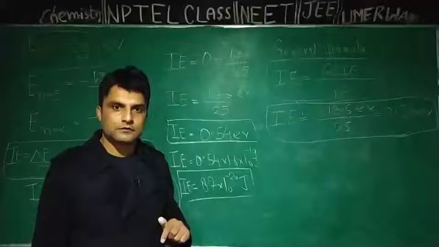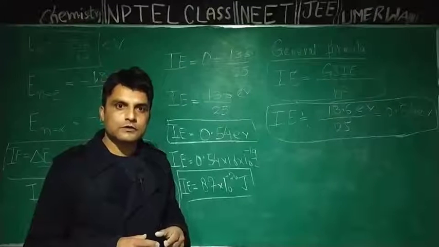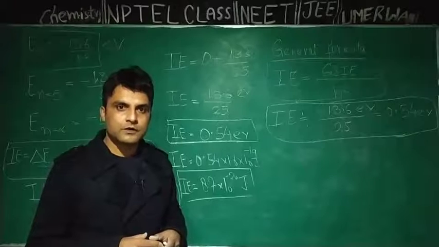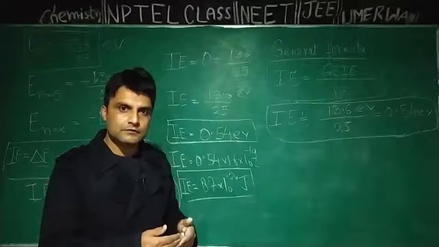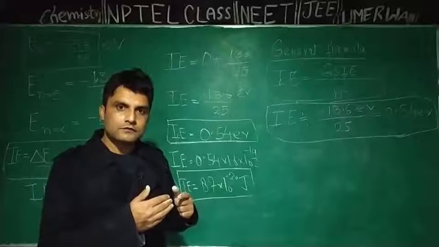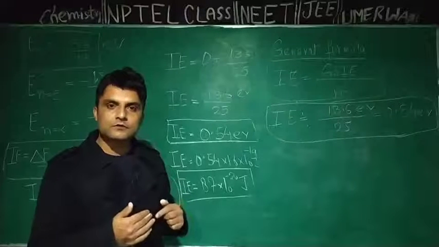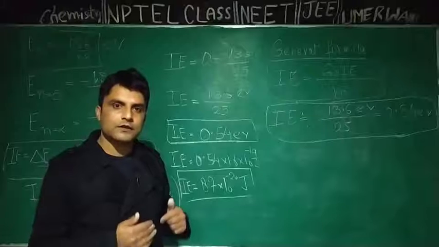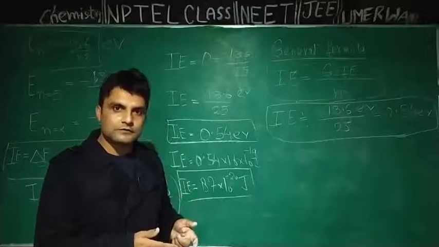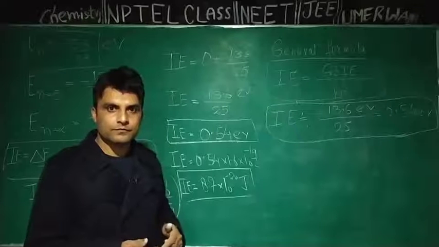Now we have to calculate the number of lines that will appear in its emission spectrum when this excited hydrogen atom returns back to ground state, I mean when the electron returns back from n equal to 6 to n equal to 1.